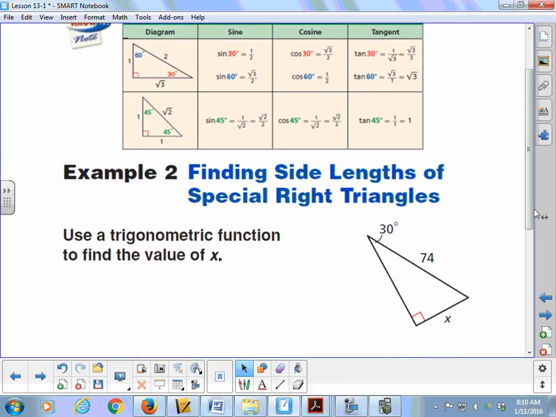So example 2, we're going to find the value of side x. Now when I write this on my paper, I would write it so that either one of these two sides sits on the horizontal.